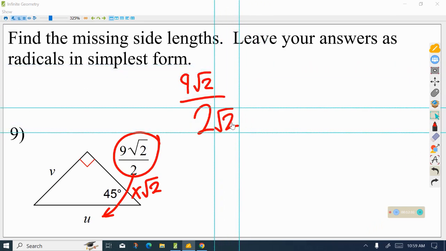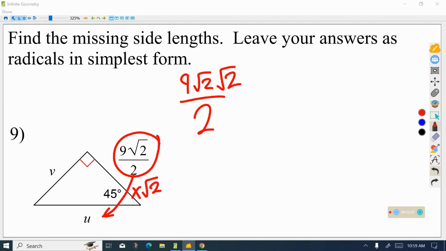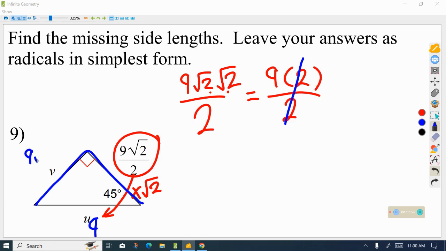On bottom is if it's dividing, so on top is where it's multiplying. So that means we get 9, and then root 2 times root 2 is just 2. And because we have a 2 on top and bottom, we can cancel out the 2's. And so we know the hypotenuse is just 9. Of course, these 2 should be the same, so you get the same number in both of those spots. So number 9 is complete.